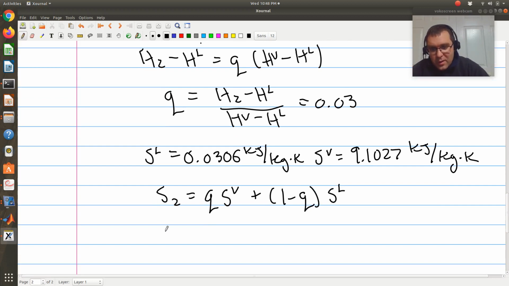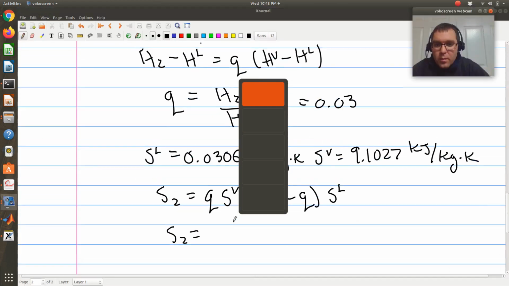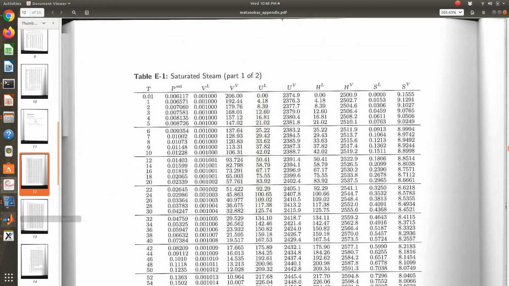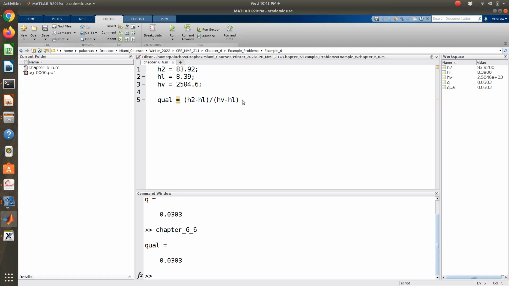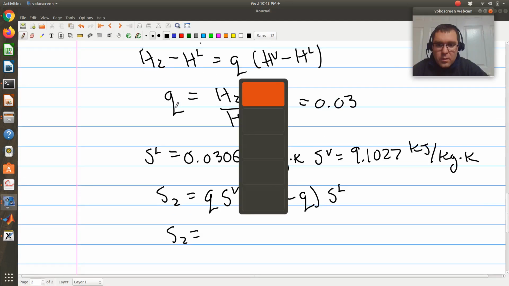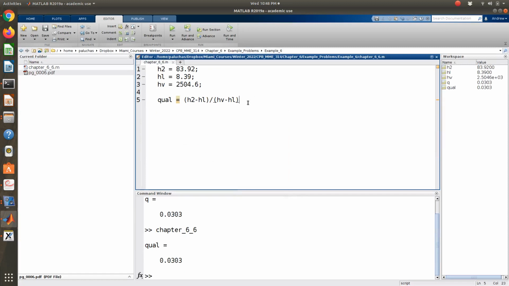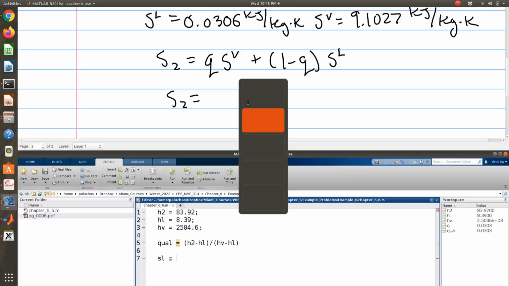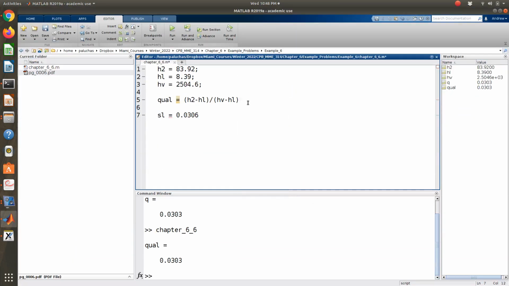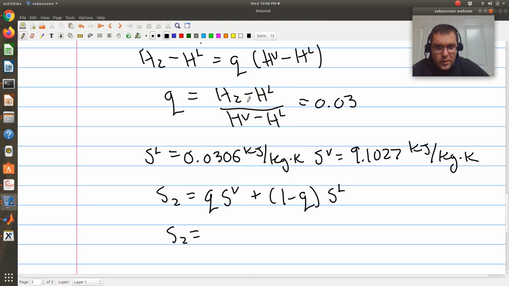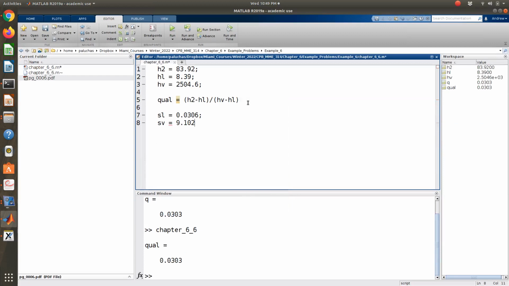Okay, so let's go ahead and compute S2. Oops, I've got to bring MATLAB back up. There we go. So the clicker wasn't working there for a second. So we had SL was 0.0306, SV 9.1027.